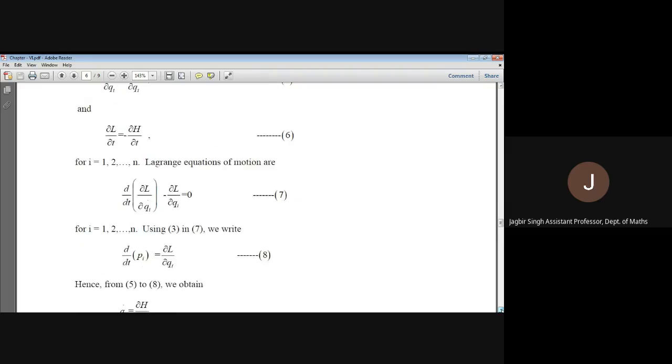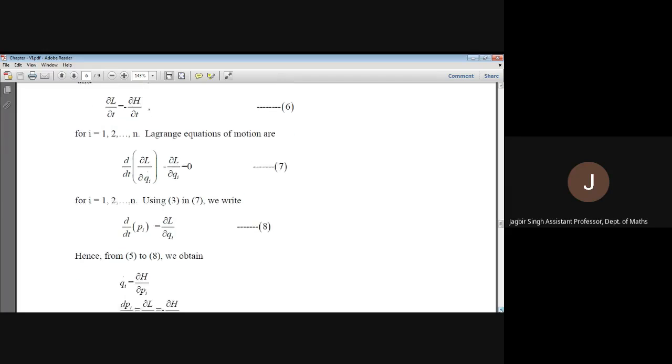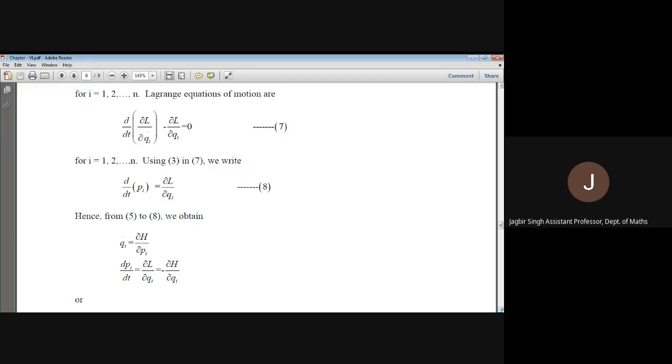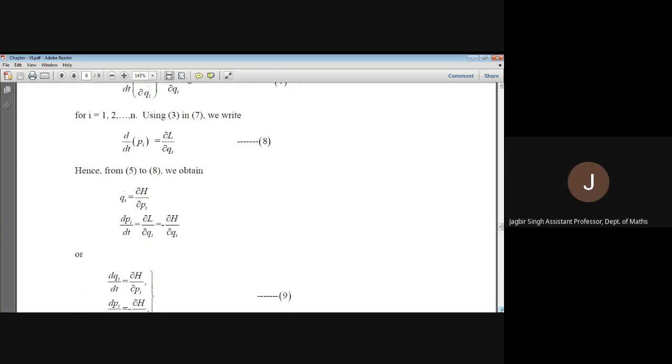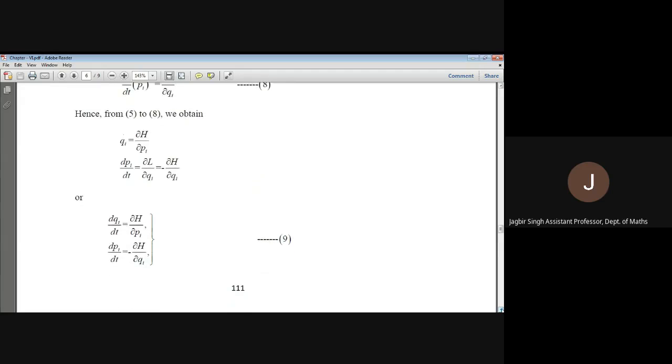So we have the equations qi dot is equal to curly h by curly pi, and dpi by dt is minus curly h by curly qi. Means dqi by dt is equal to curly h by curly pi, and dpi by dt is minus curly h by curly qi. And these are known as the Hamilton canonical equations.